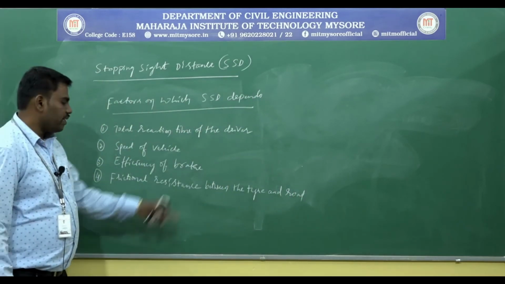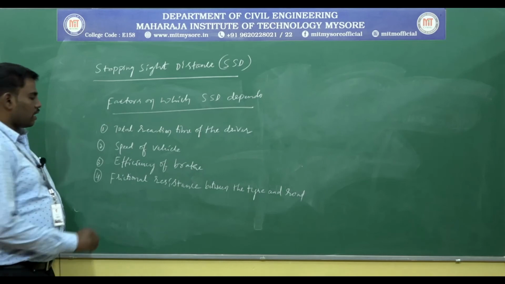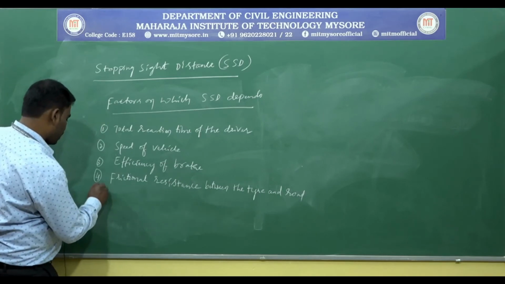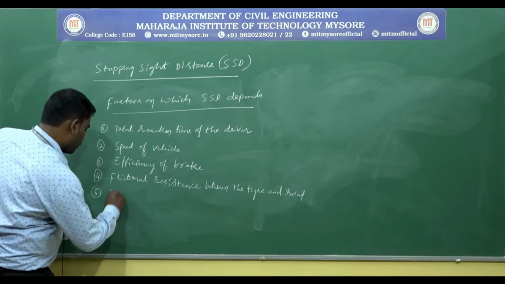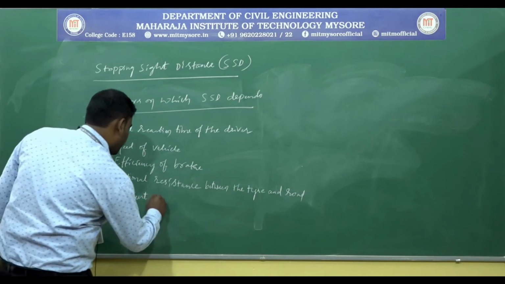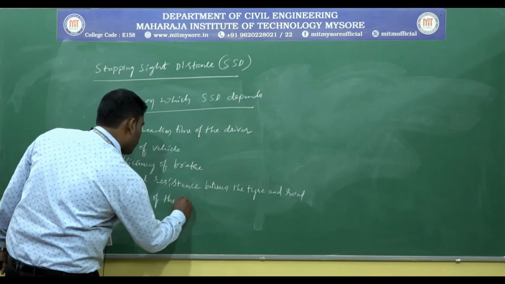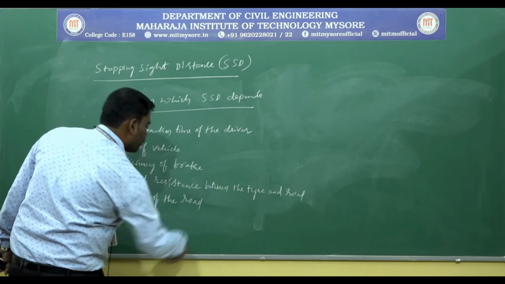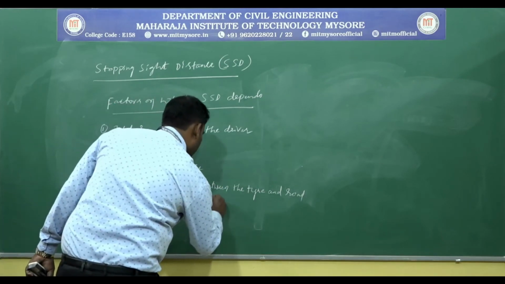Frictional resistance between the tire and the road surface. And fifth one it is gradient of the road, if any.